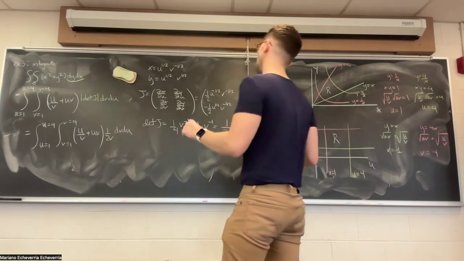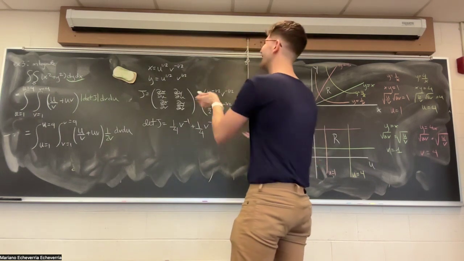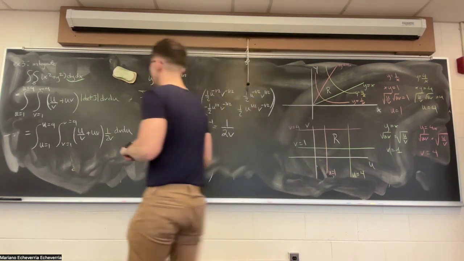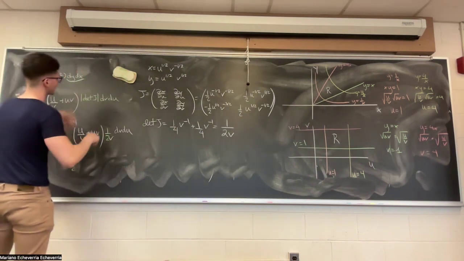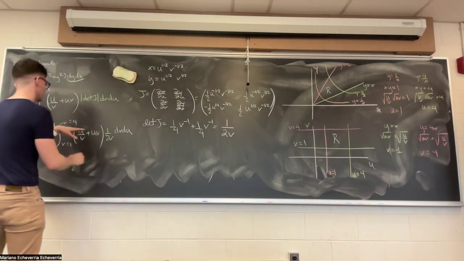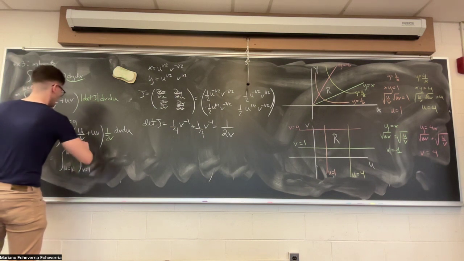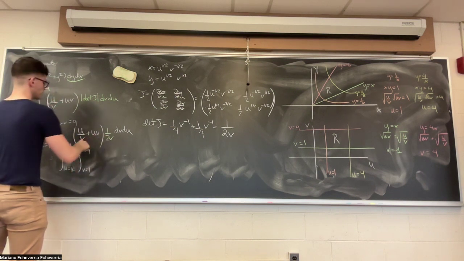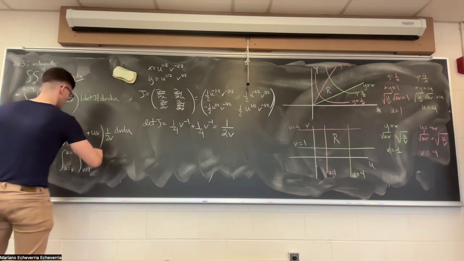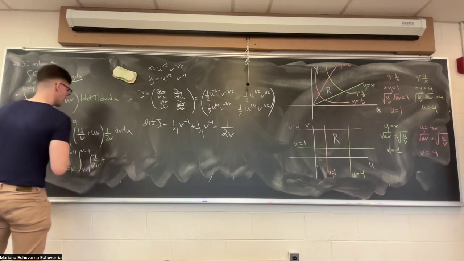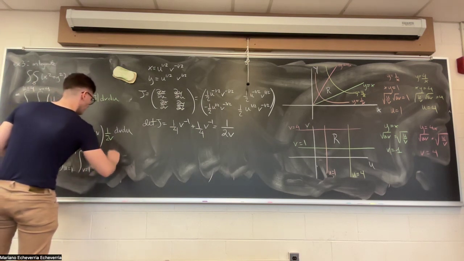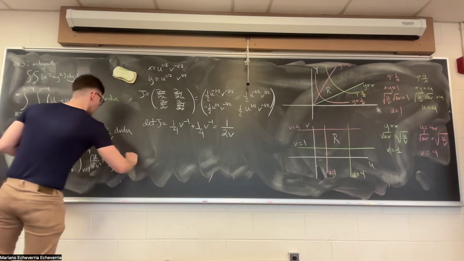I will just give you the answer, because for many of these problems, once you get to this point, the integral would be easy to do. This one is not particularly super easy. It's not bad, but it does take a while to do. So I'll just set it up and tell you what the answer is. You can just write this as u over 2v squared plus u over 2 du.